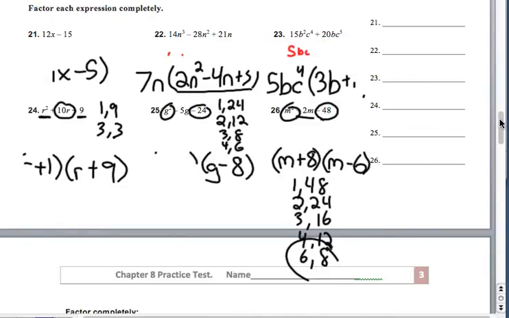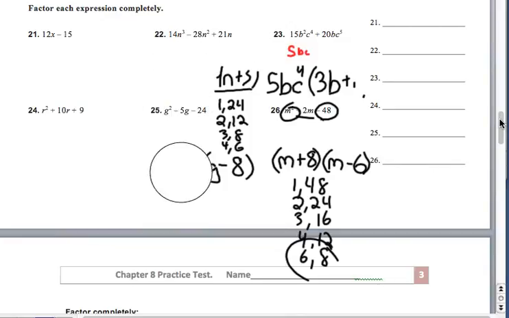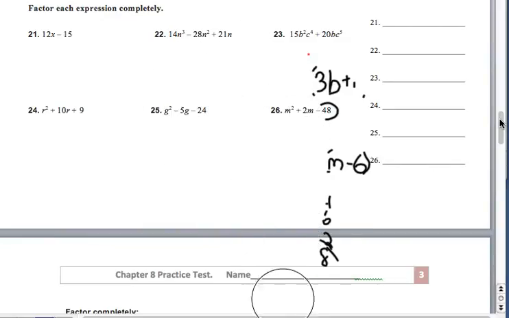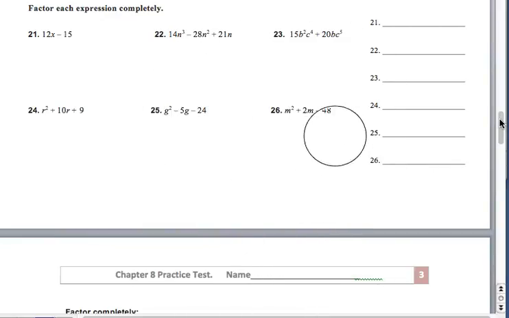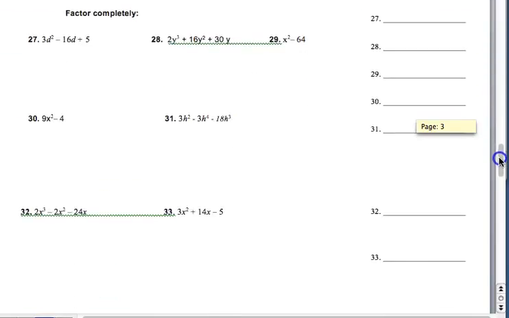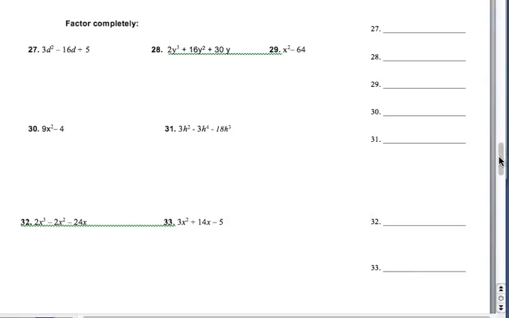Now, of course, it can get a little bit trickier than that. So let's continue on to our back page. So now here, number 27, I still have a quadratic trinomial. Nothing pulls out of it, okay?